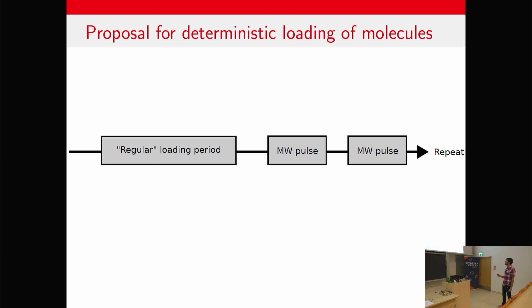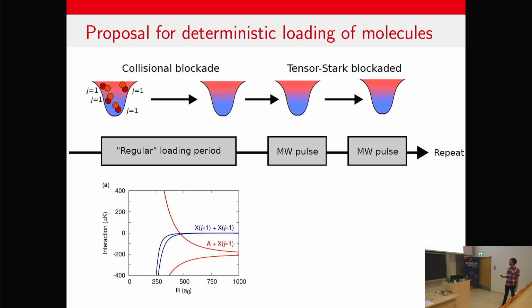And then we apply 2 microwave pulses and we repeat the whole process a number of times. So what this does is we load a number of molecules in J equals 1. That's how the laser cooling works. And not J equals 0, but 1. And this is in a collisionally blockaded regime.